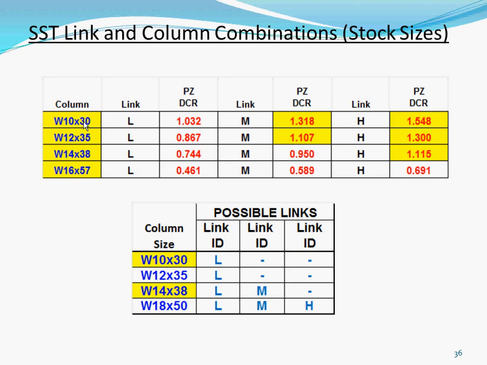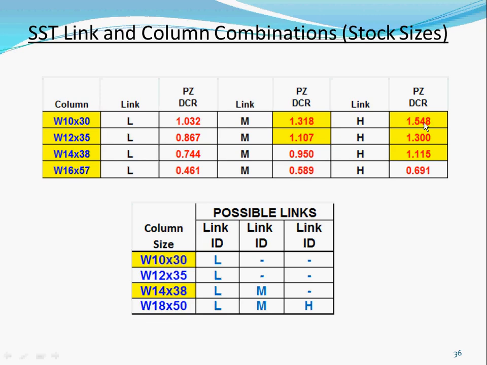I am only able to use the light link to combine with our smallest column. The same thing for the W12, I could only use a light link with that column, because if I use a heavier link, the panel zone is going to govern and it's no good. That's why I say check the column panel zone, then you know if the column's okay with that link or not.